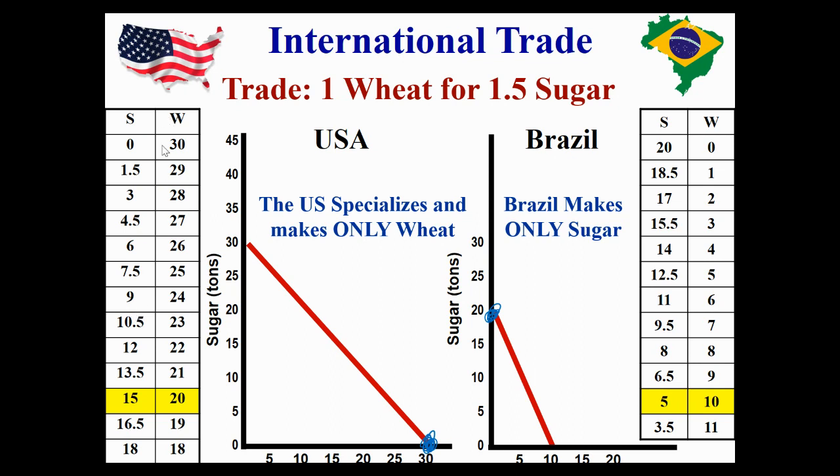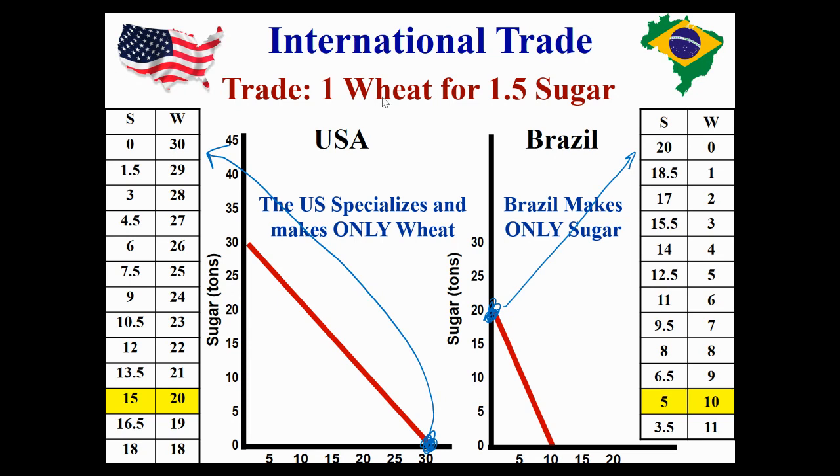So for every wheat that we're giving up, we're getting an additional 1.5 of sugar. So this essentially makes a new plot point. Just as over here, for every 1.5 sugars Brazil gives up, that takes them from 20 to 18.5. Now, remember, Brazil's making sugar. So when we think about this spot right here, that's this spot right there. So the US is making 30 wheats and Brazil is making 20 sugars.